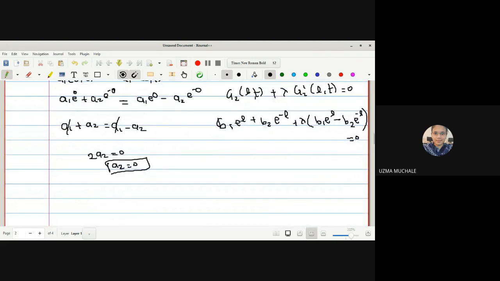Now we can take the terms like e raised to l. If I take b1 e raised to l common, we remain with 1 plus lambda.